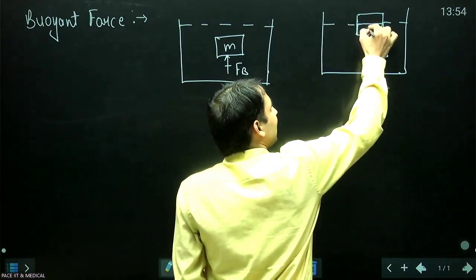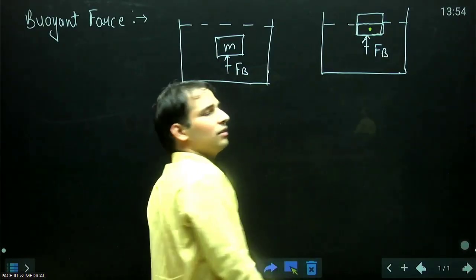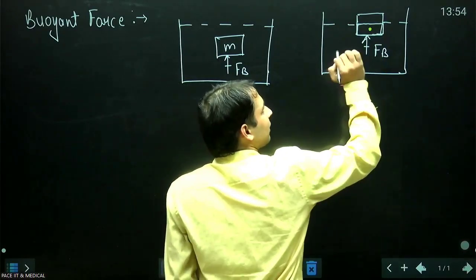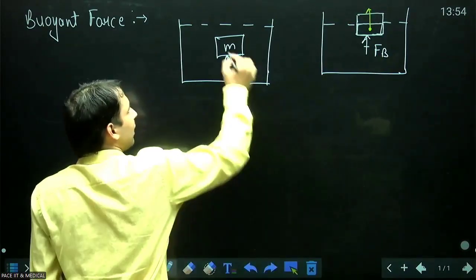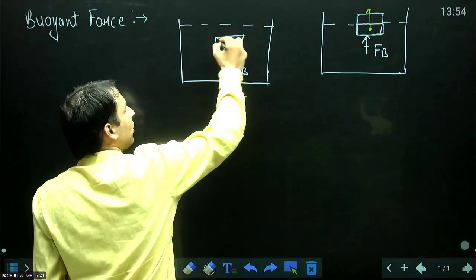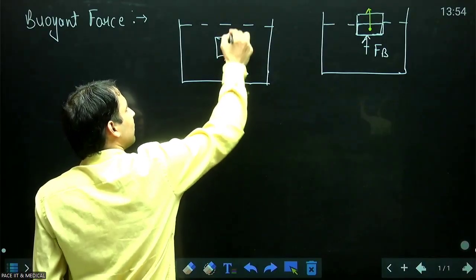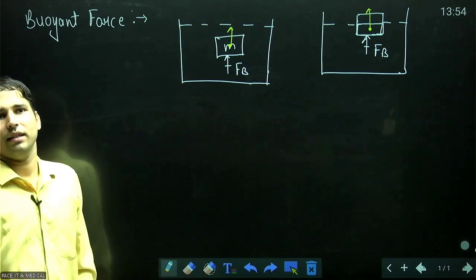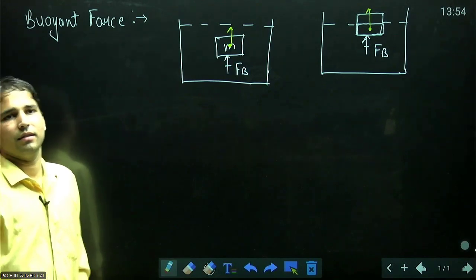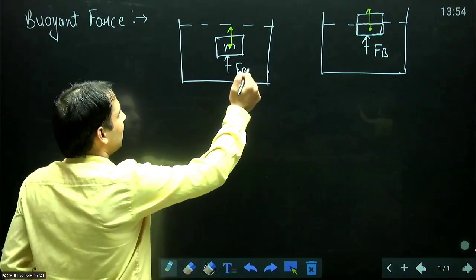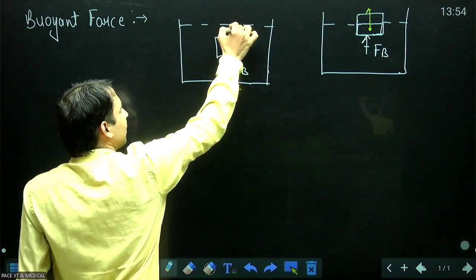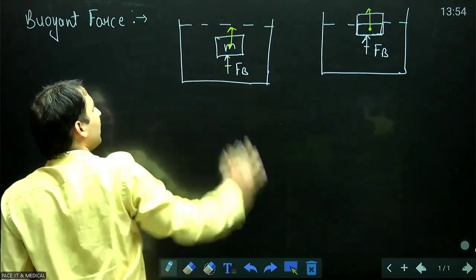So buoyant force will act at this point, the center of this immersed portion which is inside liquid, right? This buoyant force will be acting here. And in this case, as the complete body is inside, buoyant force will act here, at the center of the immersed portion. Now, this buoyant force will always be vertically upwards.